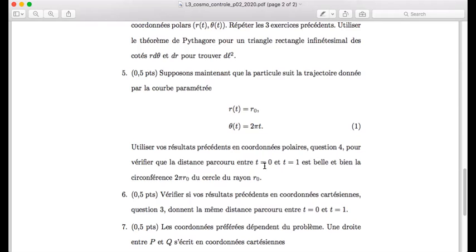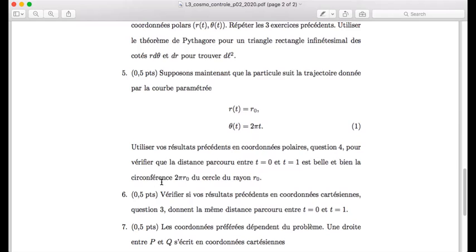traveled from time t equals 0 to t equals 1. So if you just look here, r is staying constant and theta is going from 0 to 2 pi. So it's done a full circle in that time interval.